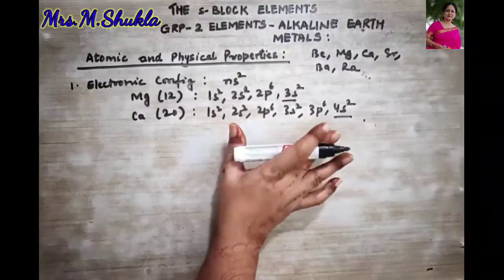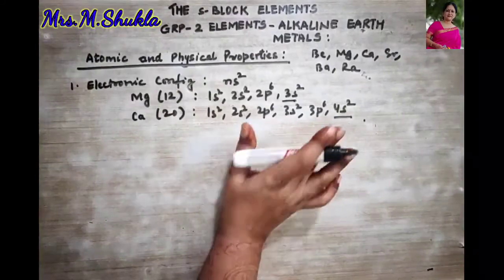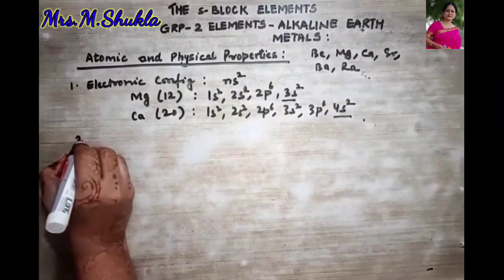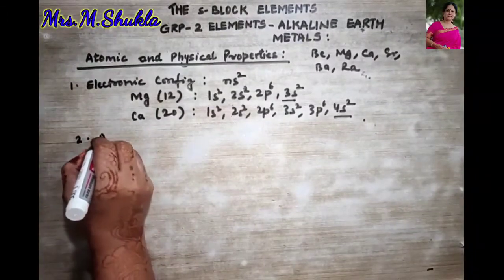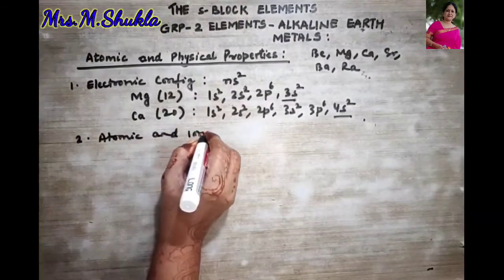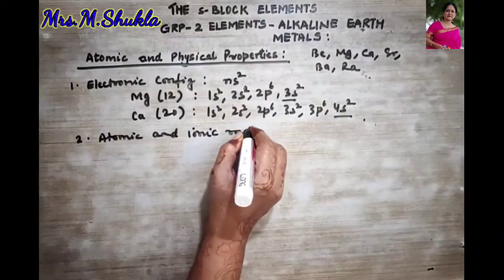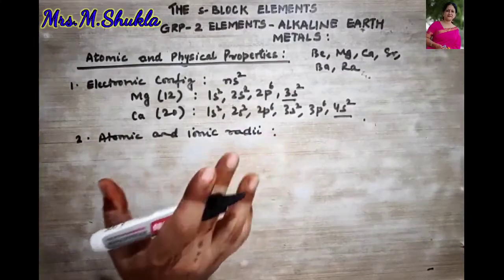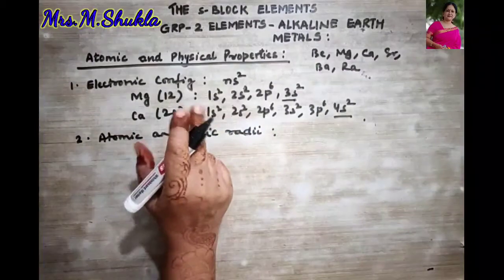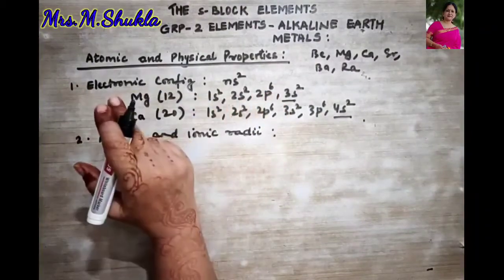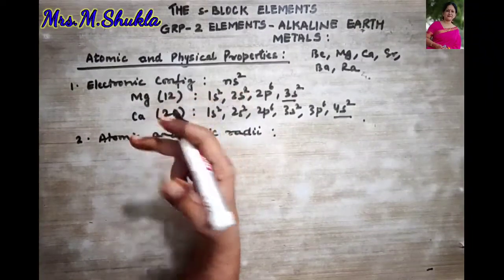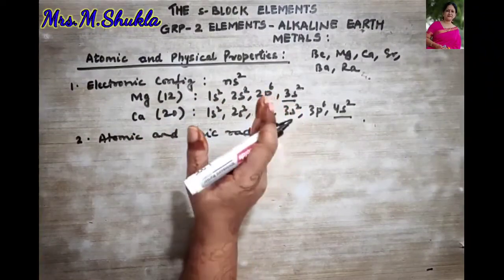The compounds of these elements are predominantly ionic in nature. Clear? Now let's talk about the atomic and ionic radii. The atomic and ionic radii of these alkaline earth metals are smaller than those of the alkali metals in the same period, due to the increased nuclear charge in these elements.